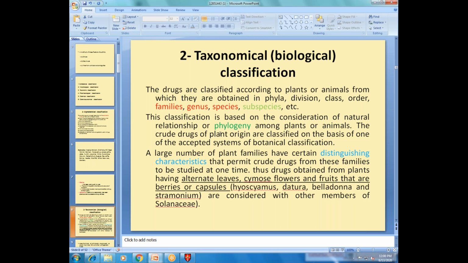The crude drugs of plant origin are classified on the basis of one of the accepted systems of botanical classification. We might see that plants belonging to a particular family look alike and will have the same constituents.